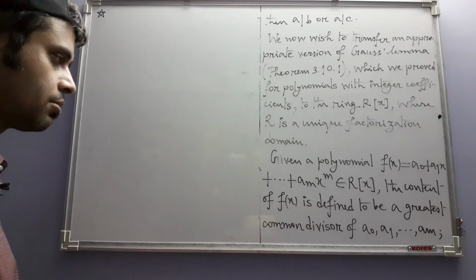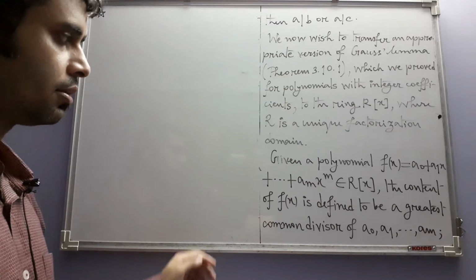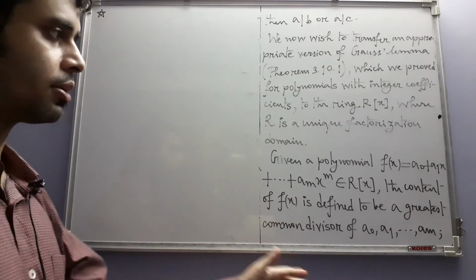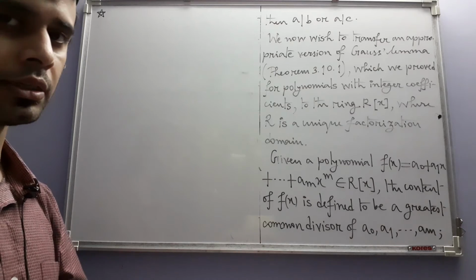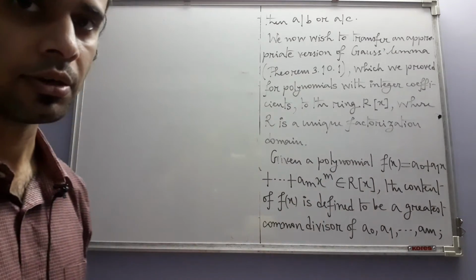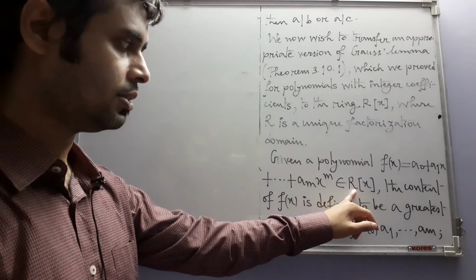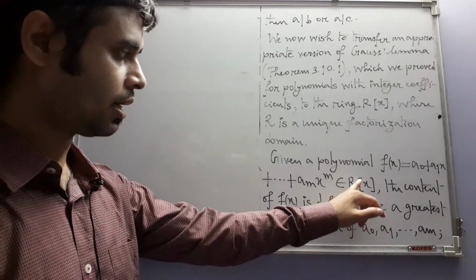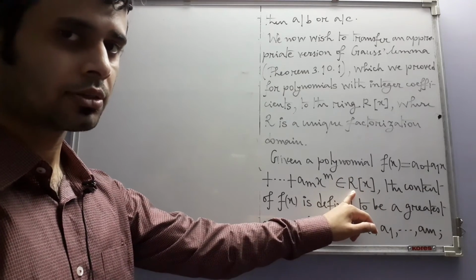I mean, we may not be able to say vacuous, but frequently we will come across situations where GCD does not exist or content does not exist, even when all the coefficients are non-zero. So that will happen if you are working in a general commutative ring. But now our commutative ring in particular is a unique factorization domain.